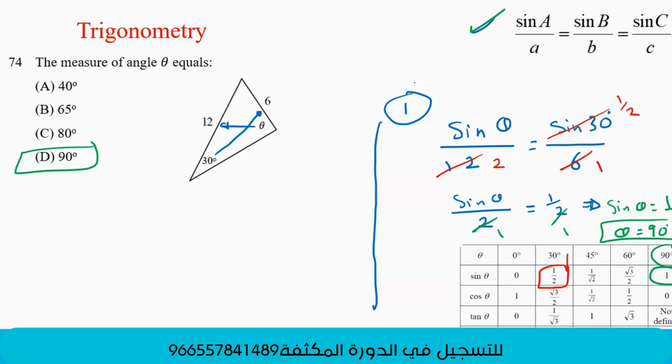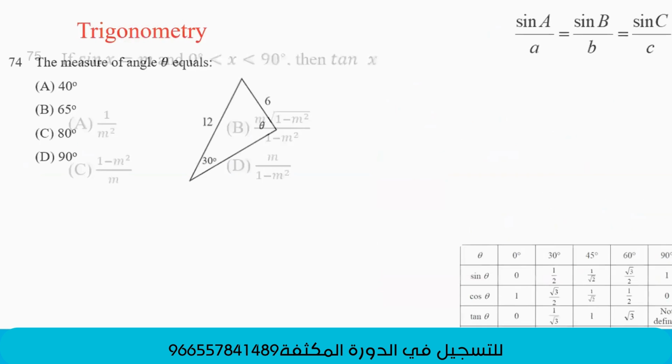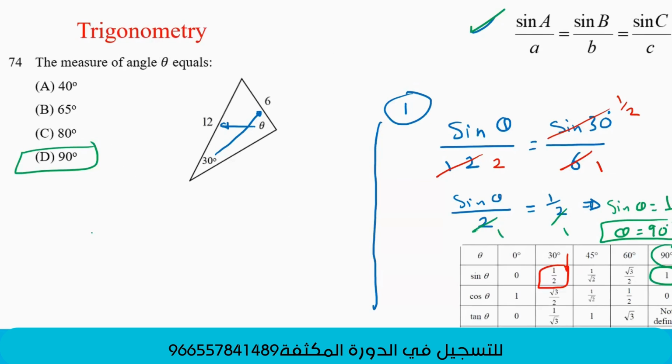Is there another way to do the problem? Yes, there is another way. Here we go. Do you remember when I said that if you already know this type of triangle, everything is easy? Do you remember this one? If this is x, this is 2x, and this is x radical 3.